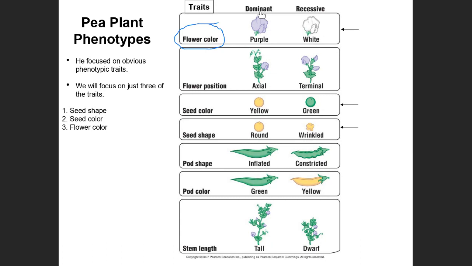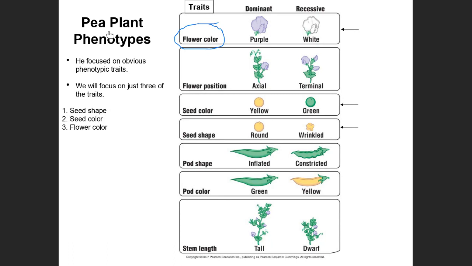Any information I give you for the dominant phenotype, purple for flower color, you would pull out and insert yellow, because for seed color the dominant phenotype is yellow. Any information I give you for flower color that has to do with white, you would pull out, and for seed color you would insert green, because the pattern of inheritance in a monohybrid cross is found to be the same for all of these.